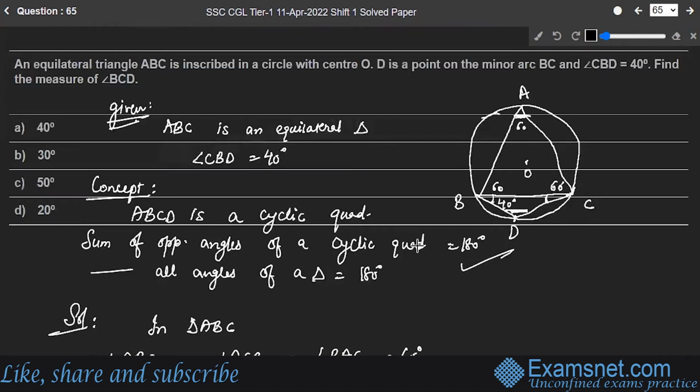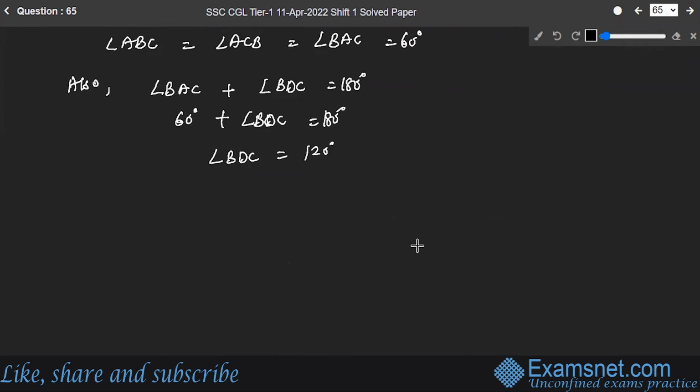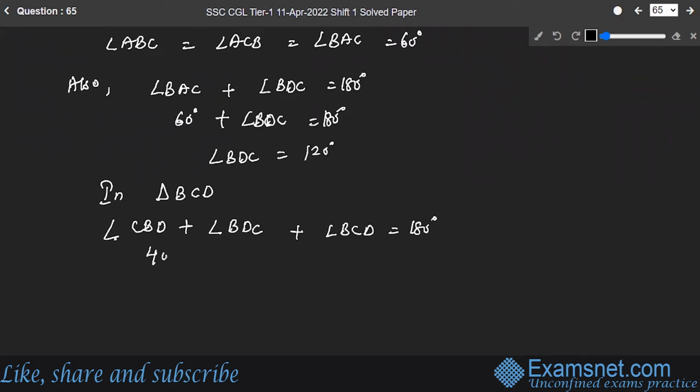Now let's take this triangle, BCD. In triangle BCD, angle CBD plus angle BDC plus angle BCD is equal to 180. This was 40 degrees, it was given.